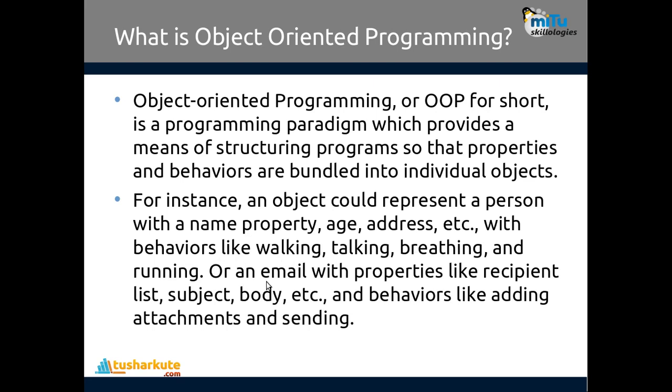Or if we consider email as the object, it contains properties like recipients list, subject, body, etc., and behaviors like adding attachments and sending. Okay, so these things define your objects. An object contains properties plus its behaviors, which we call methods or functions.